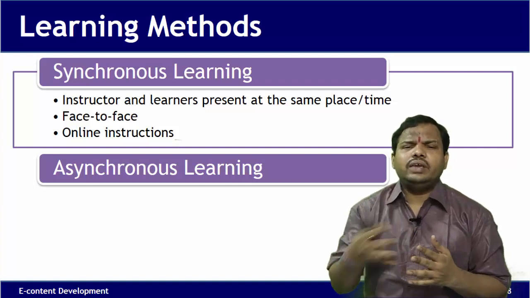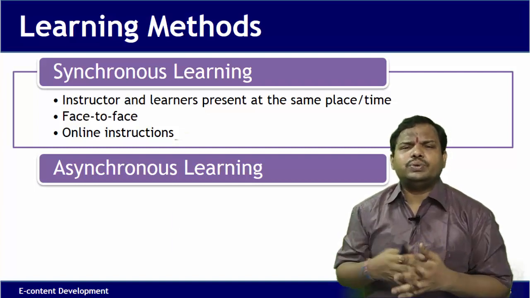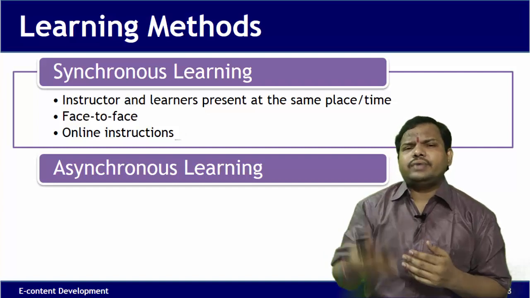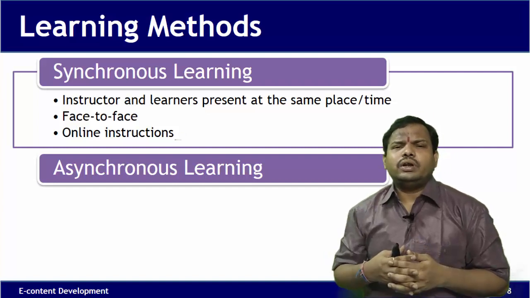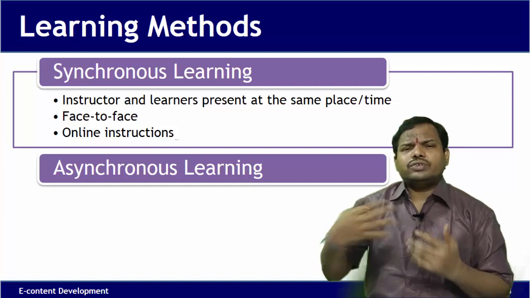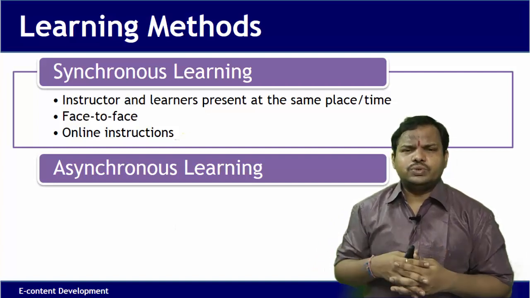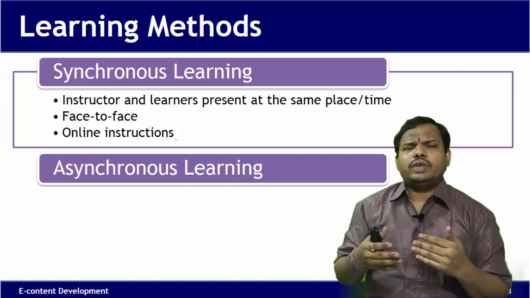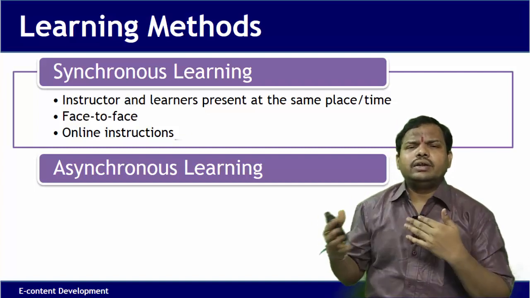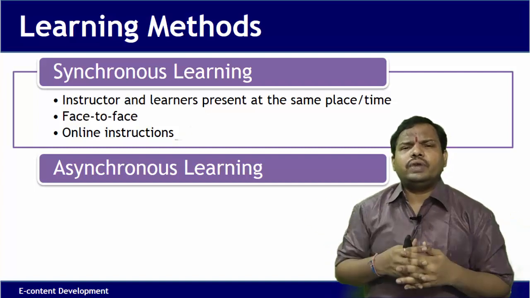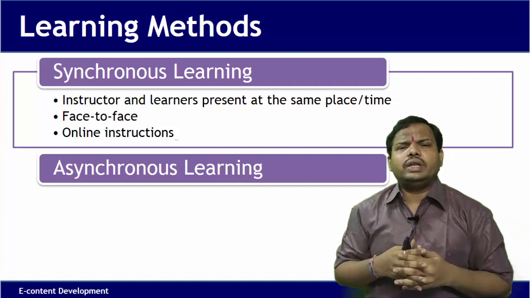Instructors can easily guess whether the learners have understood the concept or not. At the same time, it is advantageous for the learners to ask questions or queries to the instructors if they have not understood something.